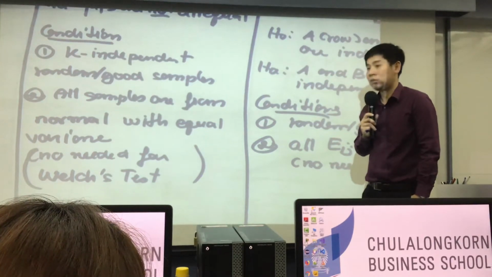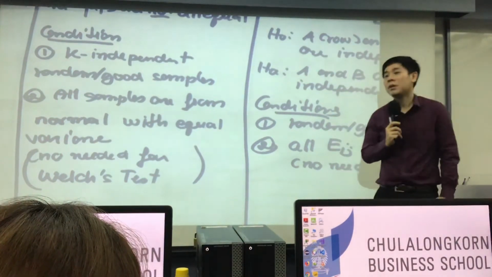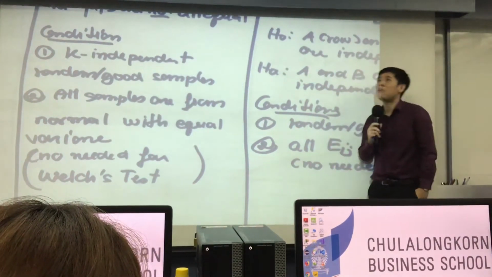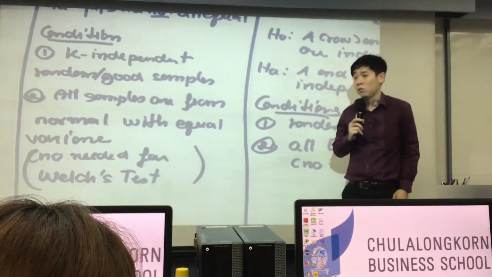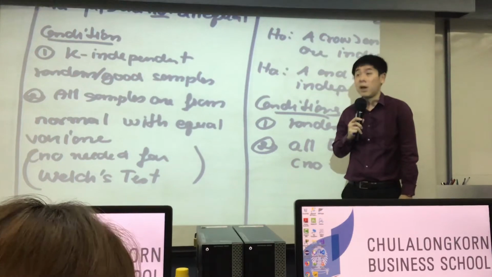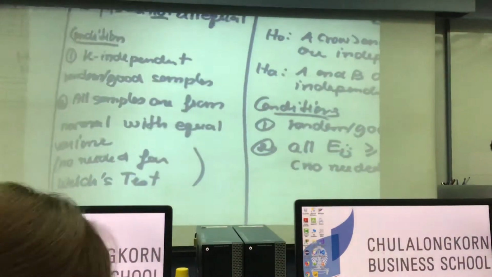You don't have to. But usually for checking that the variances are the same, I would say use 5% to make it simple.